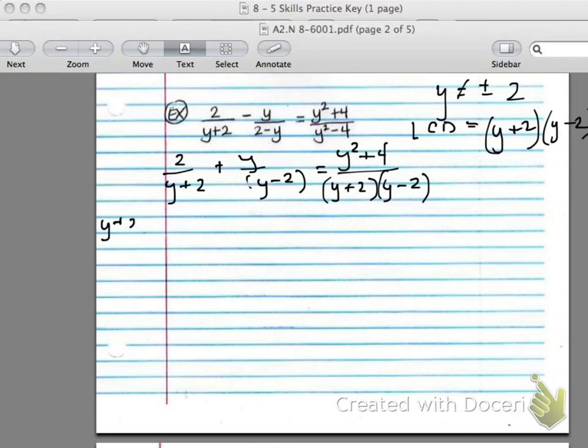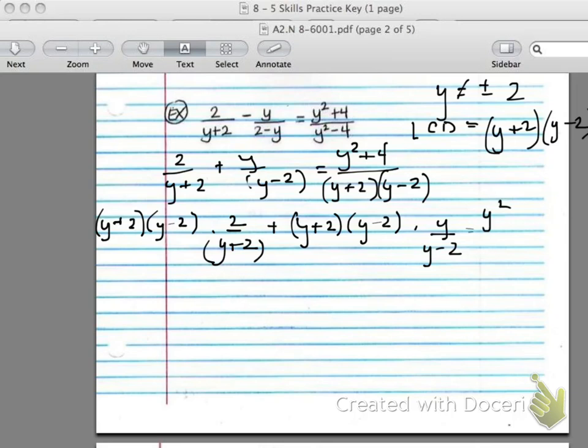Let's do this. y plus 2 times y minus 2, times 2 over y plus 2, plus, now I'm going to do my LCD over here, y plus 2 times y minus 2 times y over y minus 2 equals y squared plus 4 over y plus 2 times y minus 2 times y plus 2 times y. I'm off the screen. Yeah, times y plus 2 minus y.